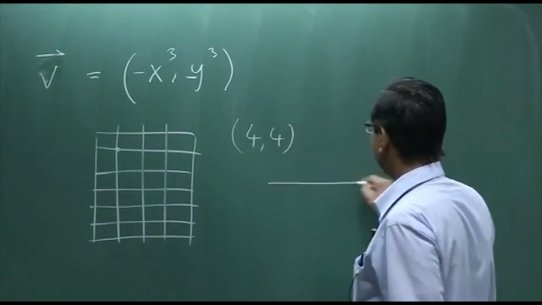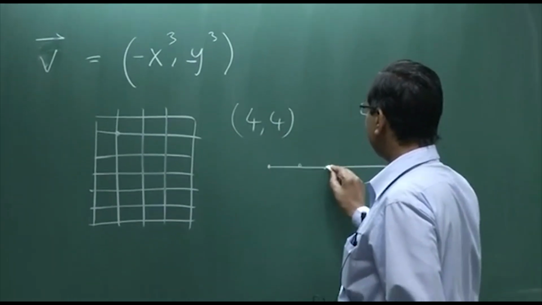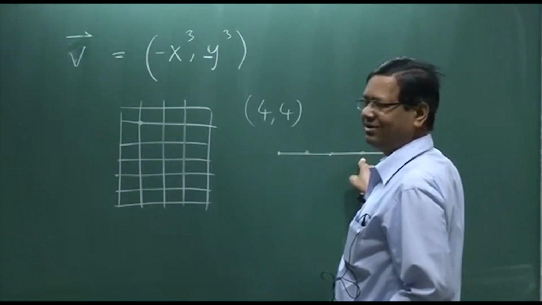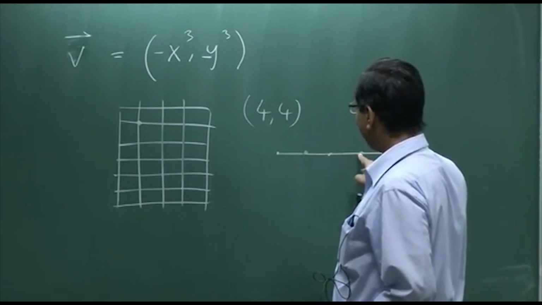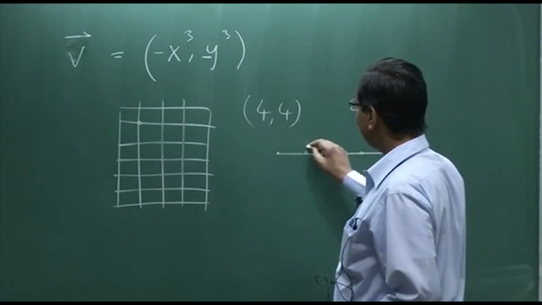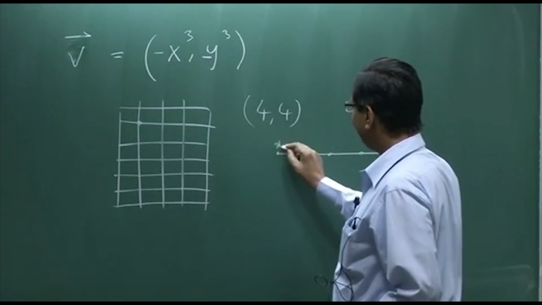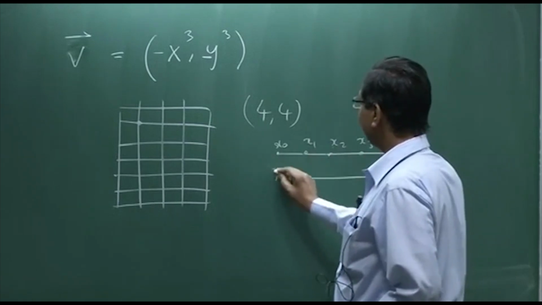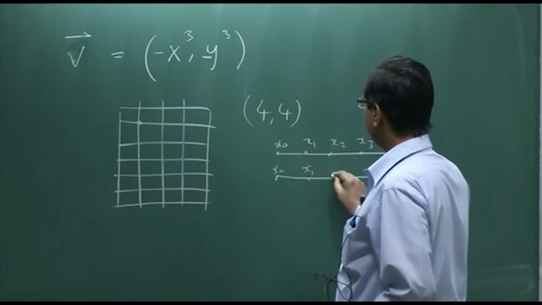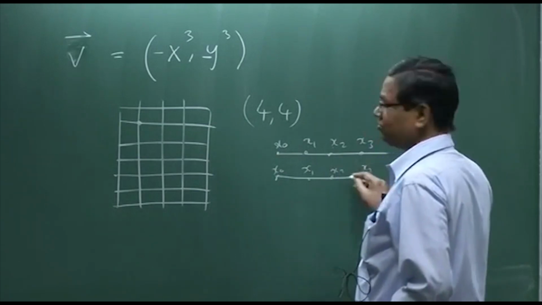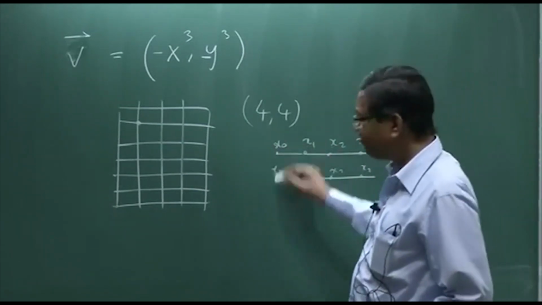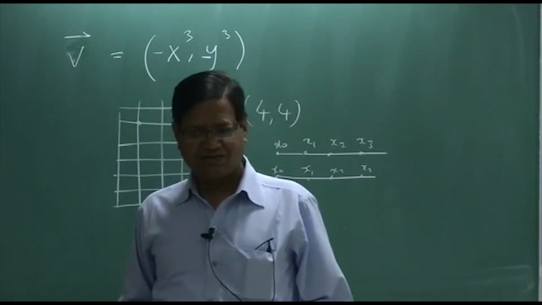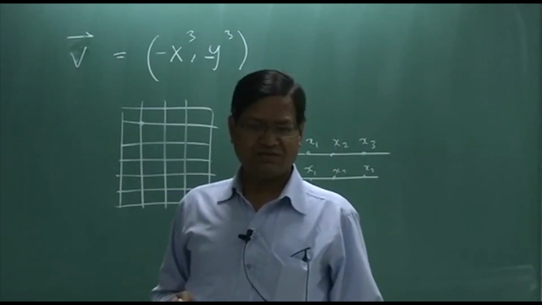The first entries will be 4 numbers which are the same y, and here the numbers will change: x0, x1, x2, x3, and the next row will be exactly the same x0, x1, x2, x3. So it will be a 2D mesh, but now quite a few numbers will be common. It is the x coordinate of each point on the mesh, is that clear?